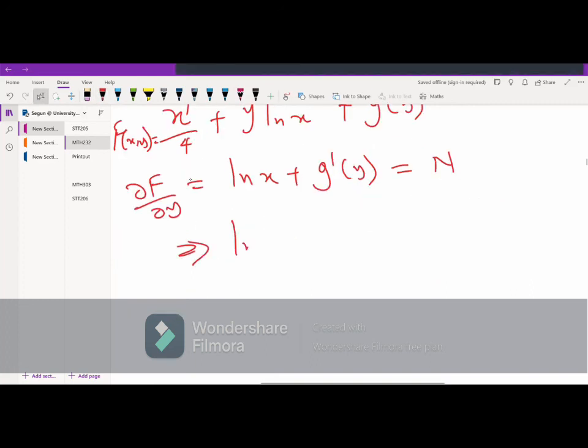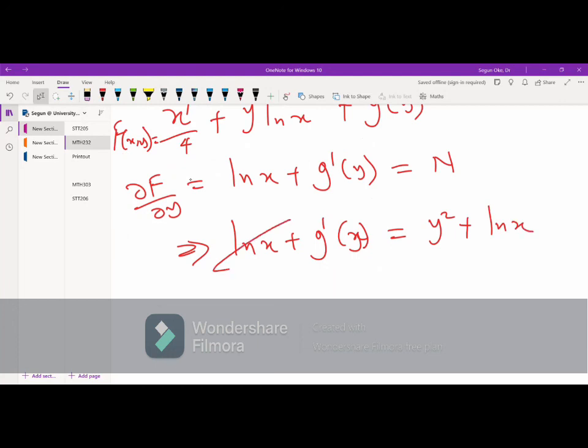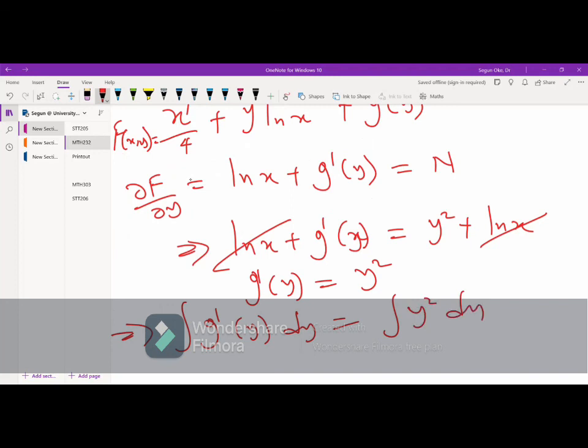So we have ln x plus g prime of y equals y squared plus ln x. This cancels this. You have g prime of y equals y squared. Integrate both sides. We have the integral of g prime of y dy equals the integral of y squared dy.